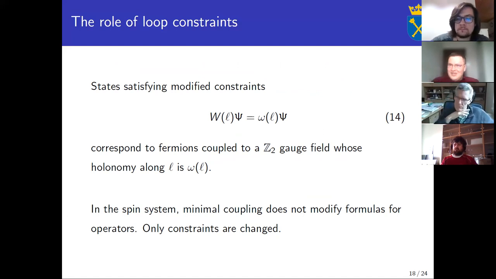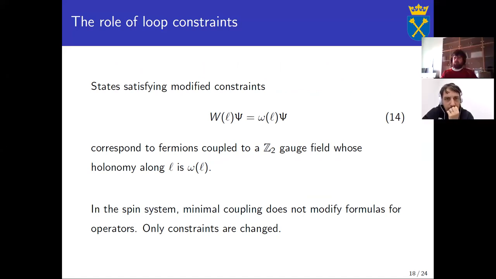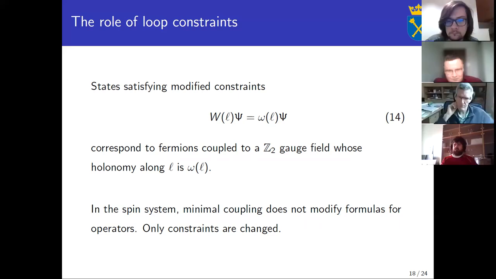One just changes the constraints, and that is already responsible fully for introducing this background gauge field, because I don't think about it as a dynamical thing, it's just some fixed field. Is the statement clear, more or less?